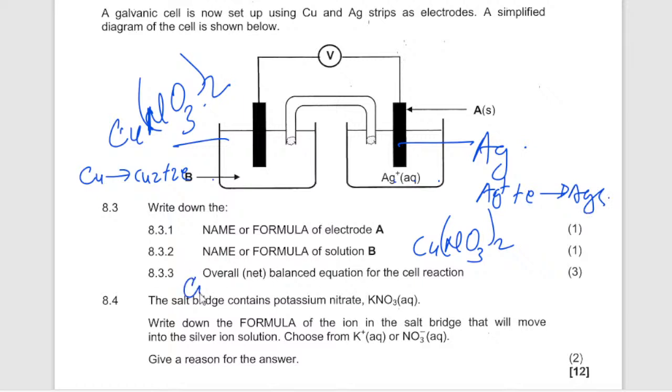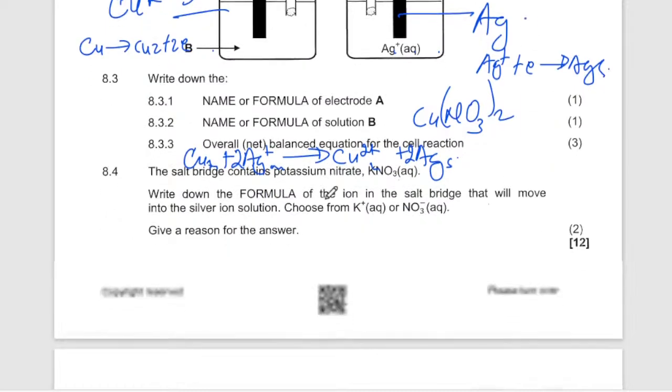Therefore, when you write this, copper plus silver ions gives you copper 2 ions plus silver solid. But now this is 2 electrons, so I put a 2 here, and I put a 2 there. So that is balanced. This is a solid, this is aqueous, this is aqueous, and that's a solid. So that is the equation which you're supposed to write.